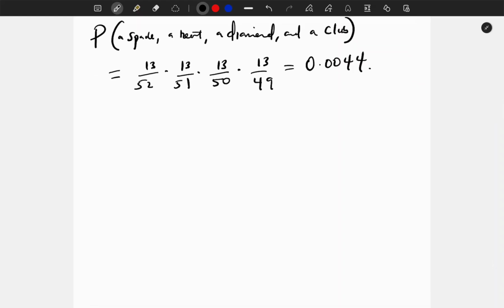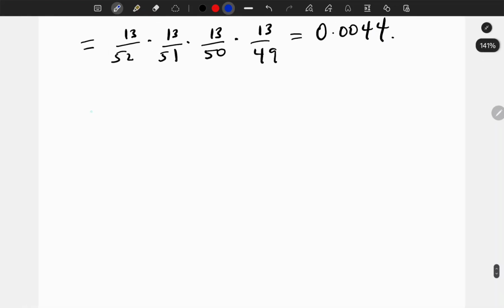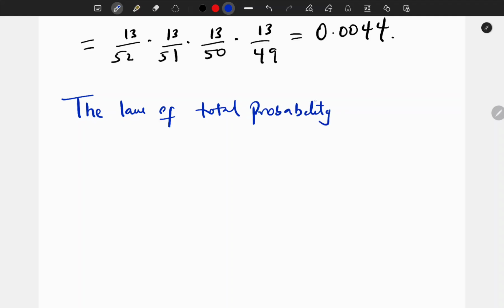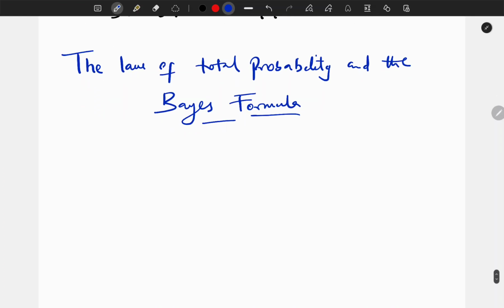So now we want to define what the law of total probability and the Bayes theorem, or Bayes formula, are. For total probability, let C1 through Cn be any partition of our sample space.